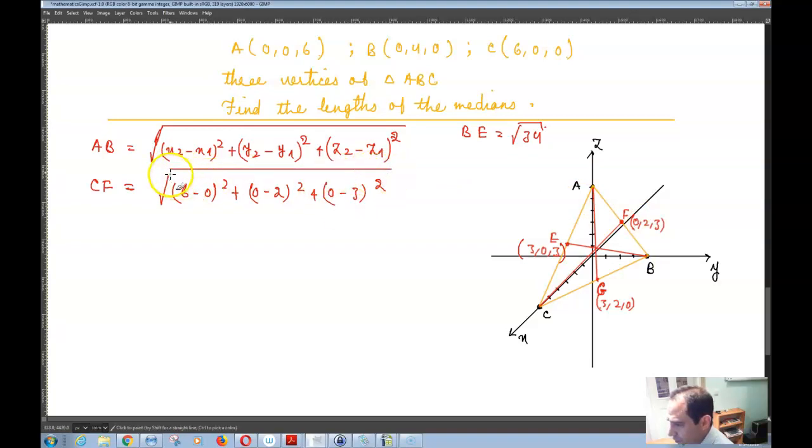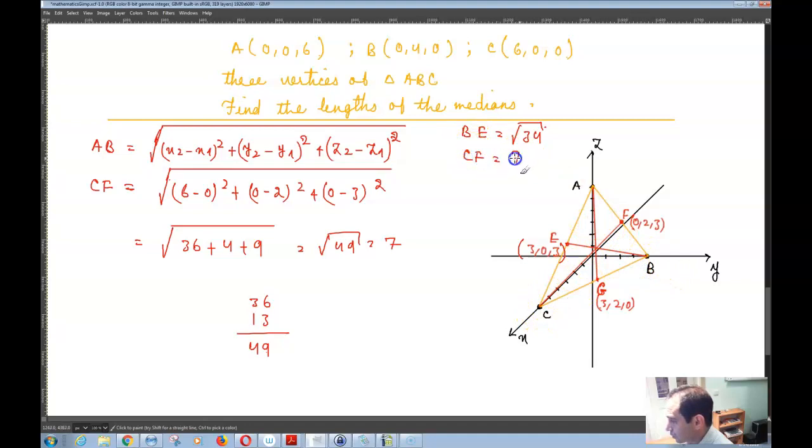That is equal to the square root of 36 plus 4 plus 9, which is the square root of 49, which is equal to 7. So CF is equal to 7 units.